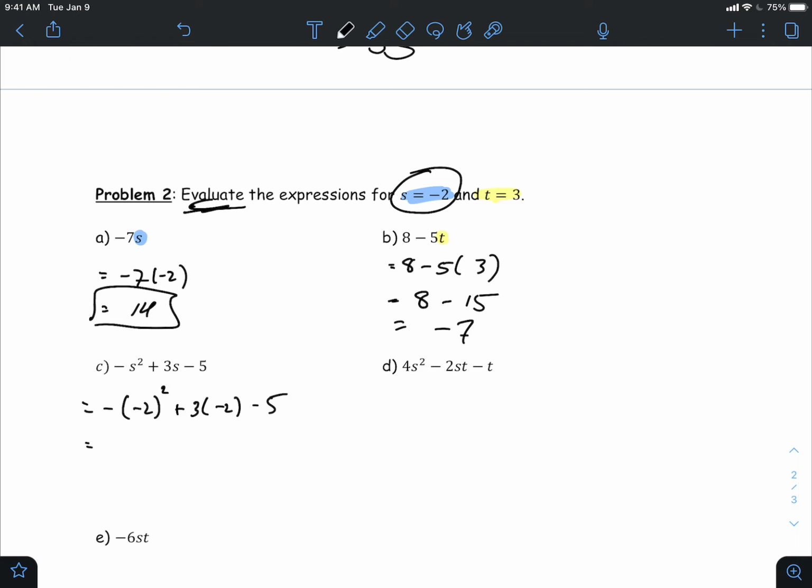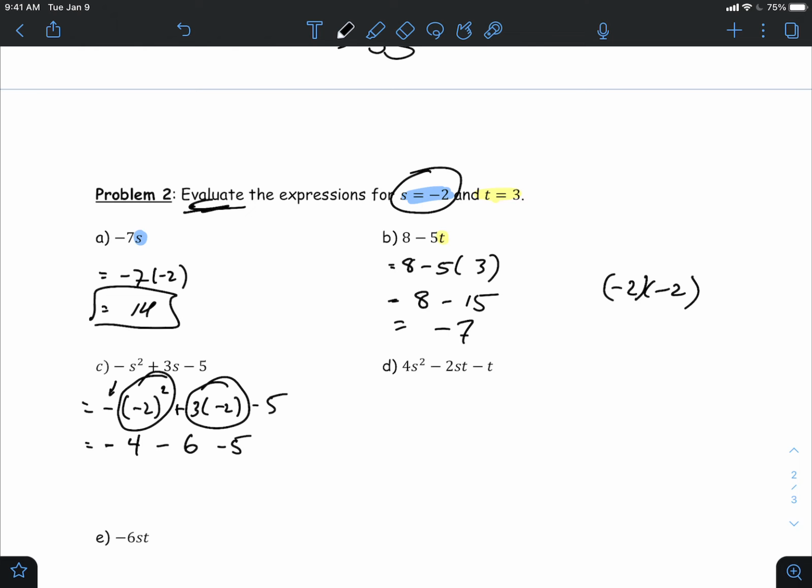Did you touch this negative yet? You haven't touched that negative yet, so leave that alone. Carry it down. And what's negative 2 squared? It's 4. Negative 2 times negative 2. Okay. That'll be 4. 3 times negative 2 will be negative 6 minus 5.